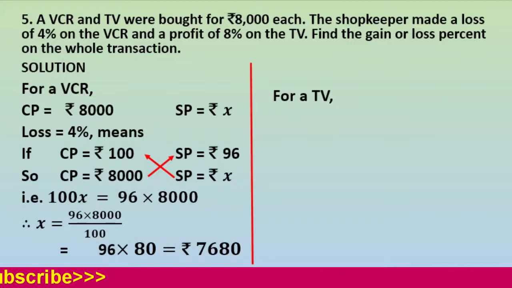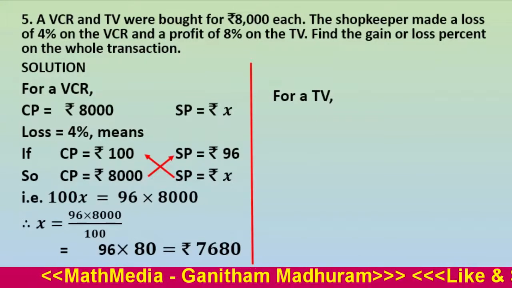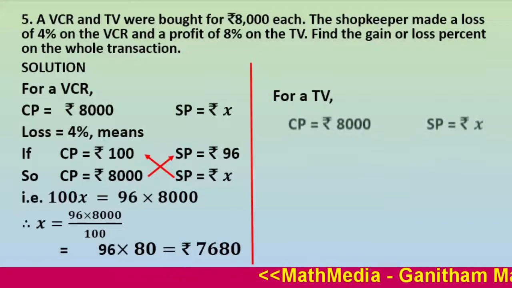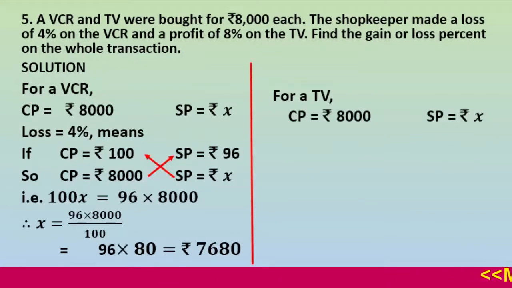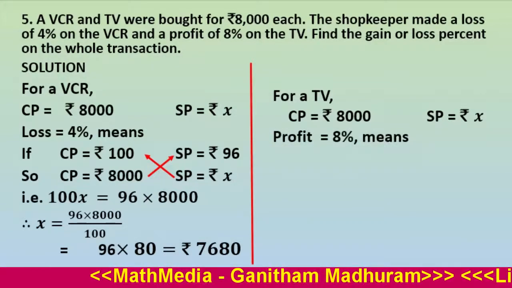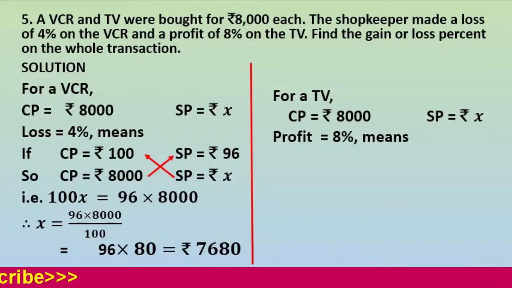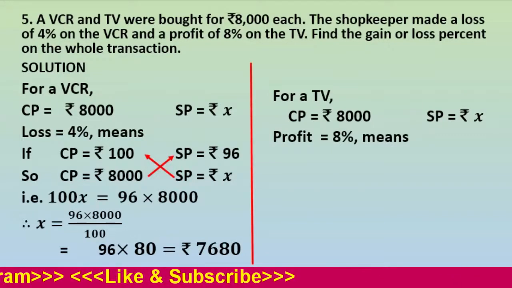Next we can find the SP of TV. For a TV, CP is the same, both he bought for rupees 8,000. So CP equal to rupees 8,000, SP we don't know, so we give it as rupees X. While selling the TV, he made 8% profit.